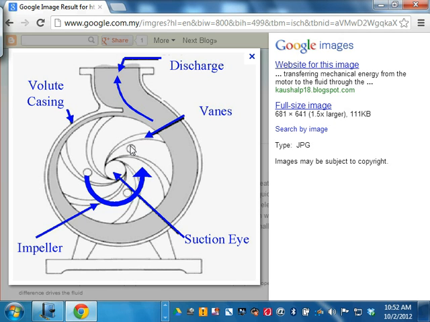So, if you let the fluid flow, then the fluid will no longer just go round and round. It will start to spiral out. In that case, it does not spend as much time spinning.